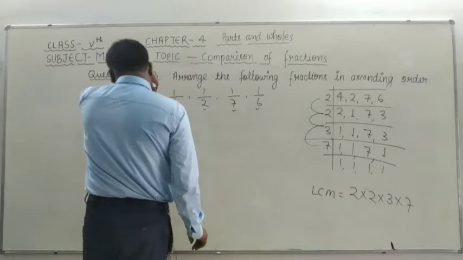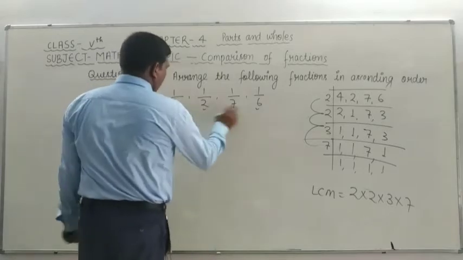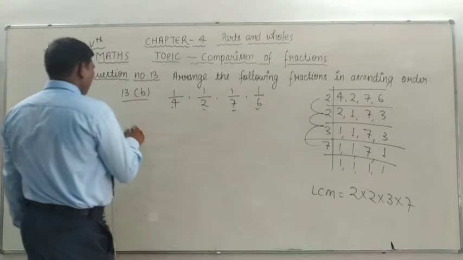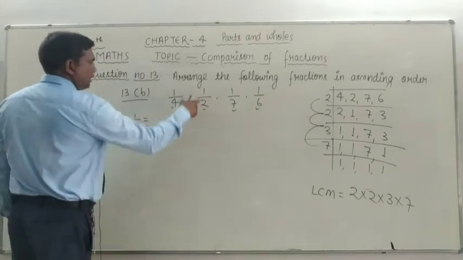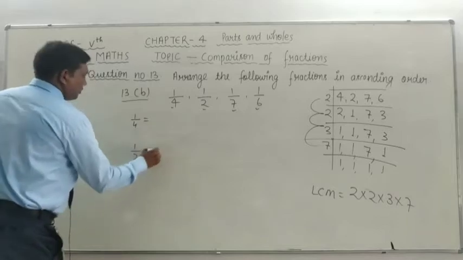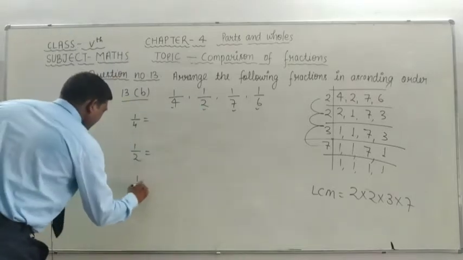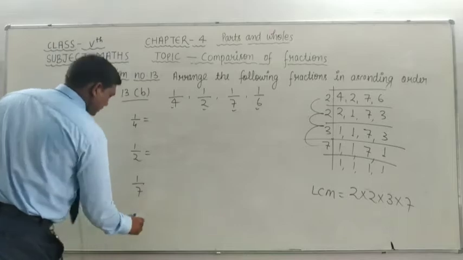Okay students, again here we have to take the equivalent fraction of these fractions. Look here carefully. Given 1 by 4, 1 by 2, 1 by 7 and 1 by 6.